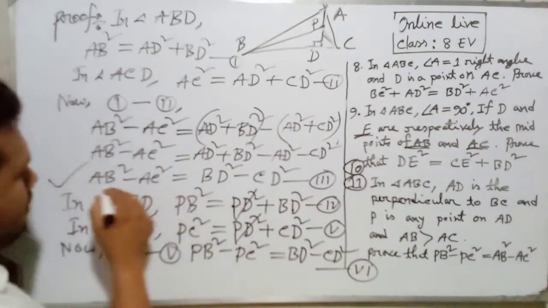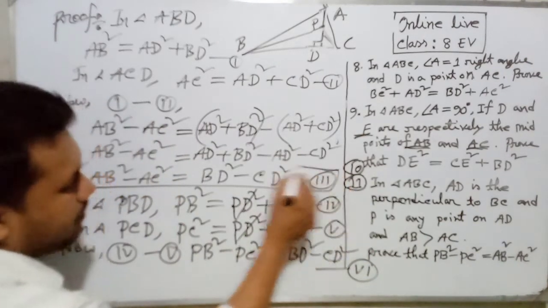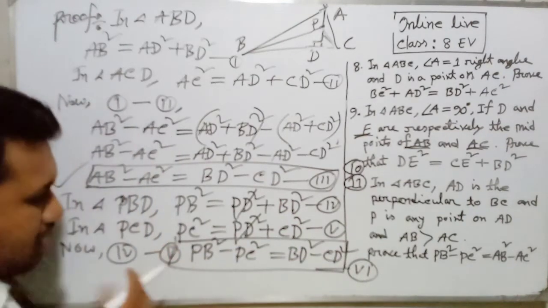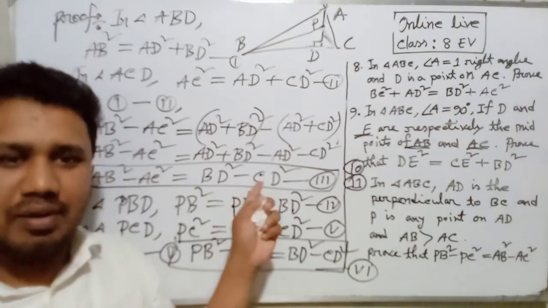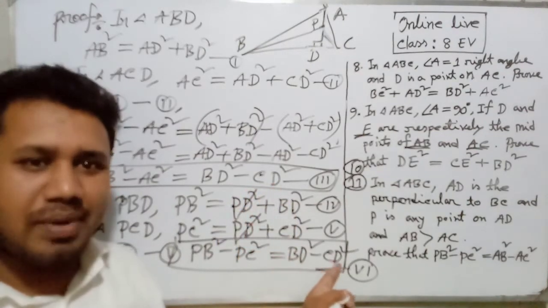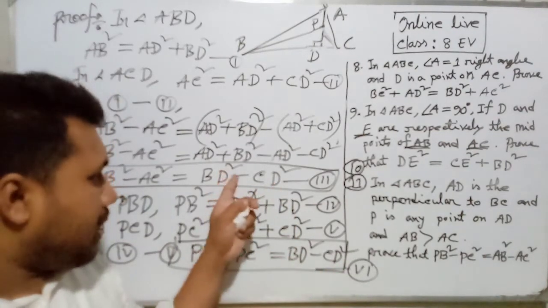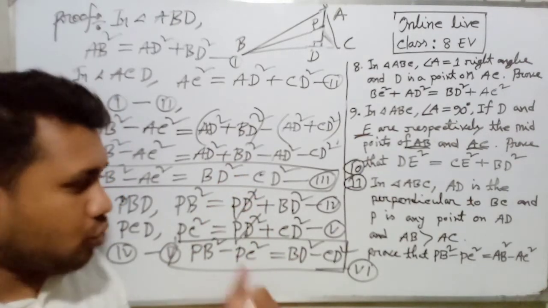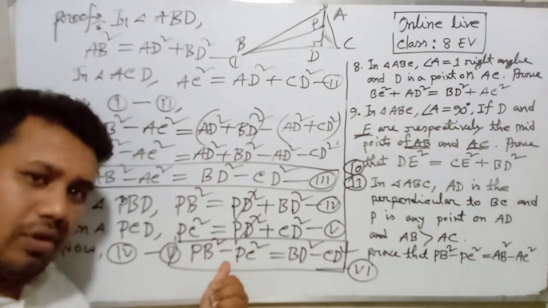Now dear students, from equation number 3 and equation number 6, look, the right sides are same, BD square minus CD square, here also BD square minus CD square. So between these two equations, their right part is same, so we can say their left part will also be same.